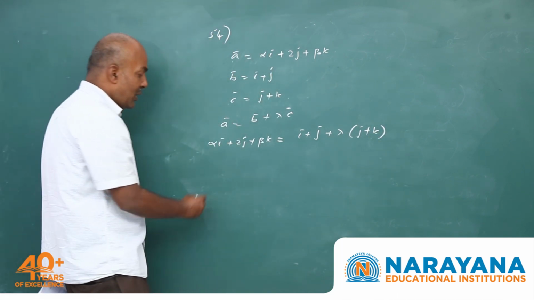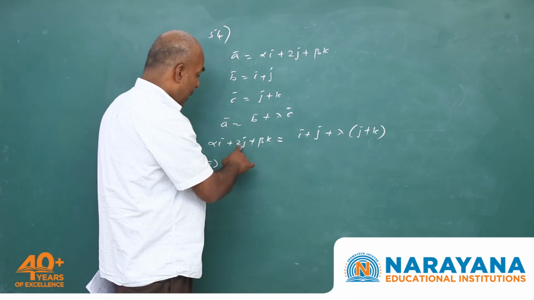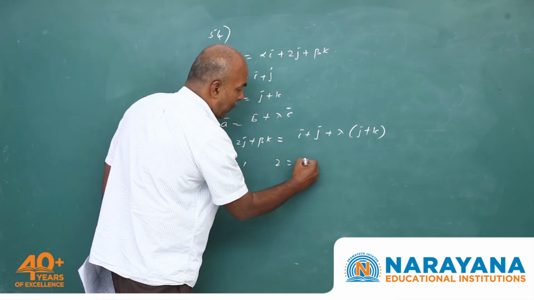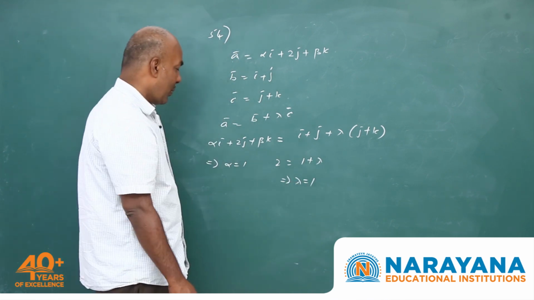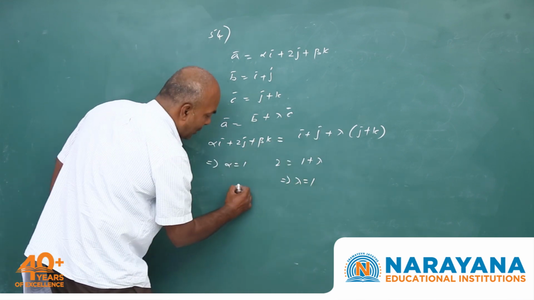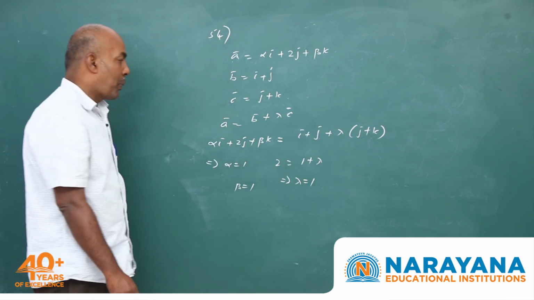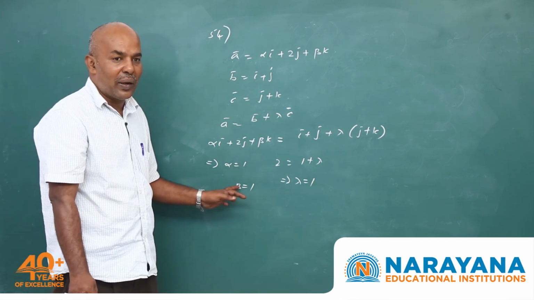Which implies alpha equals 1 and 2 equals 1 plus lambda, so lambda equals 1, and beta equals lambda, that is 1. So alpha equals 1 as well as beta equals 1.